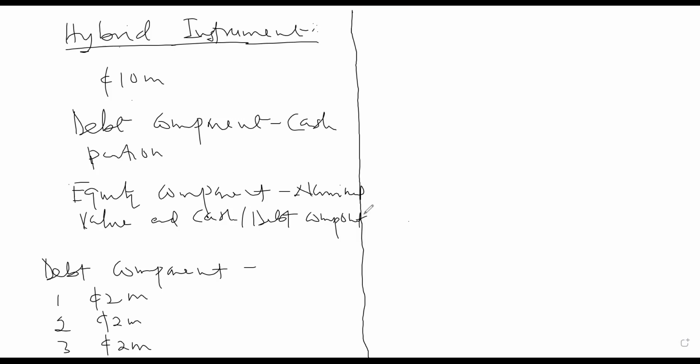So in the third year, I will redeem this one, maybe at 10 million. So this is the amount I'm going to be paying to you. Every year I'll pay interest of 2 million, 2 million, 2 million for 3 years, and at the end of the third year, I'll pay your amount to you.